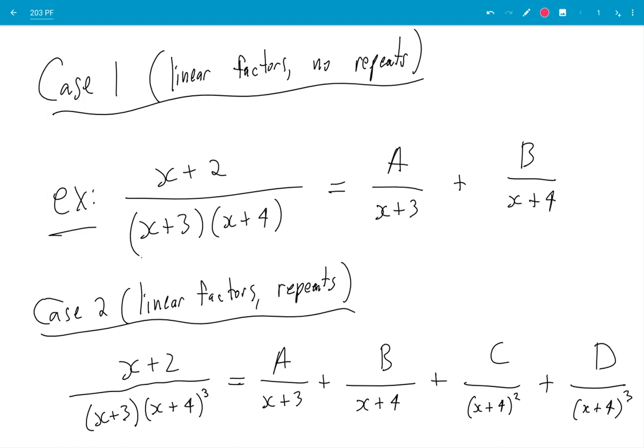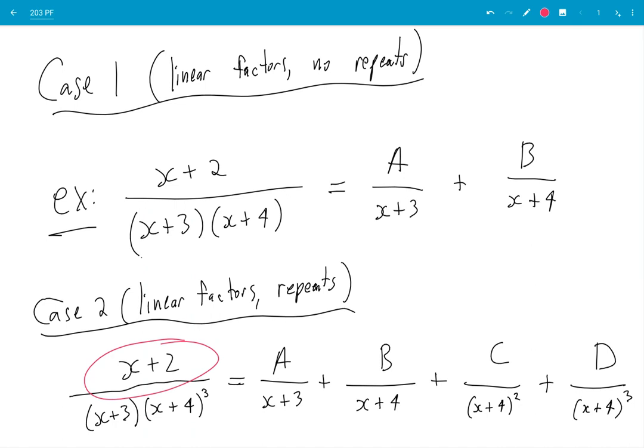So what I want you to notice, we've been using these algebraic facts. One thing that I want to underline is that the degree of this polynomial is less than the degree here. So degree here is 1, linear, and this is a quadratic, so it's 2.